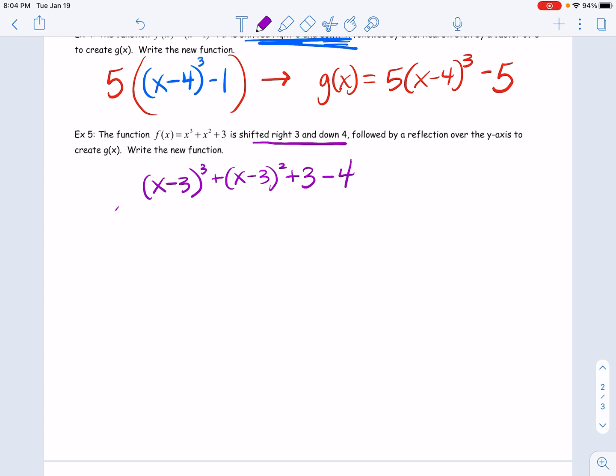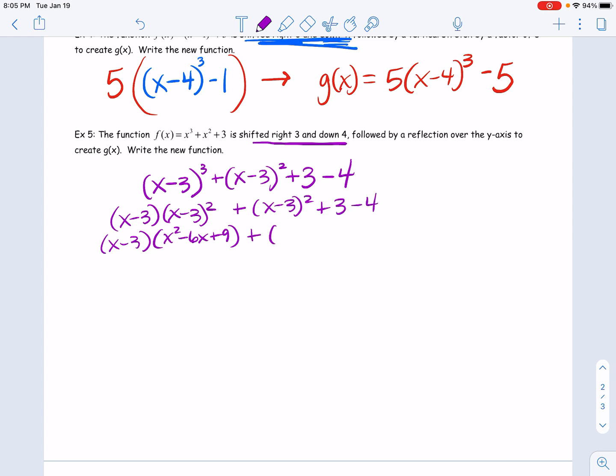So this is now going to be (x minus 3) times (x minus 3) squared, which I know is x squared minus 6x plus 9. Okay, so this is another x squared minus 6x plus 9. And then this will just be minus 1.